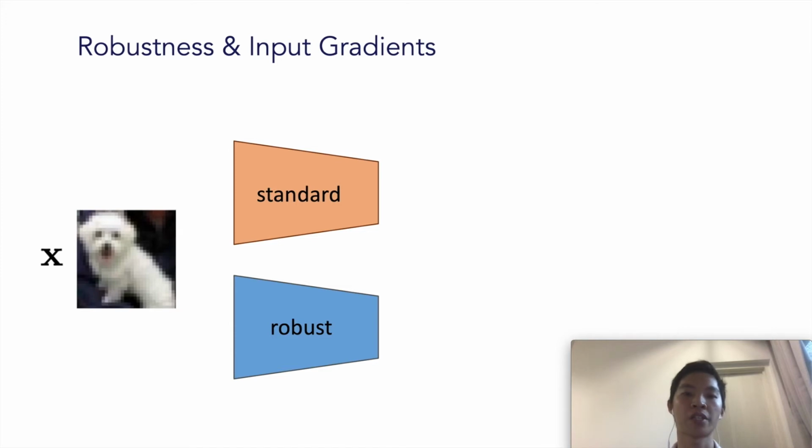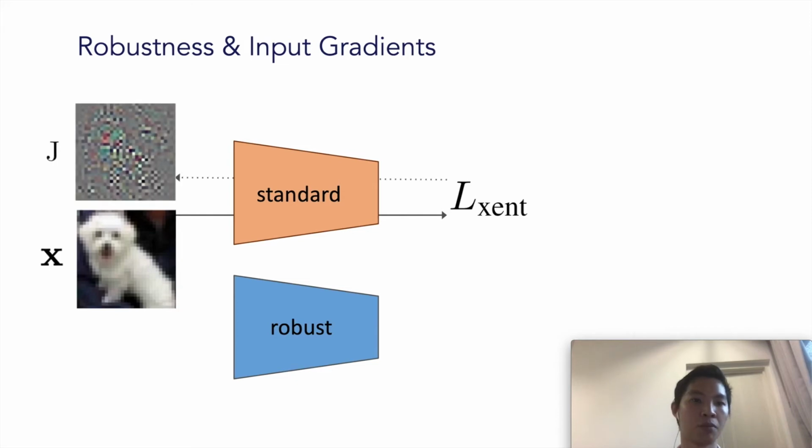Some previous studies have shown that the input gradients of standard trained models and robust models look extremely different. In this example, with an input image on the left, if we feed it to a standard trained non-robust model to compute the loss value and backpropagate this loss value all the way to the input layer, we can see a very noisy input gradient.